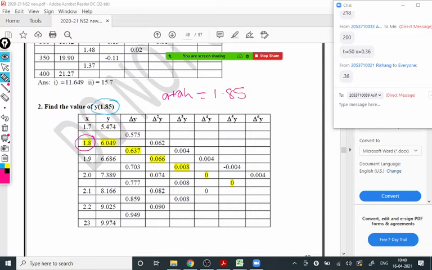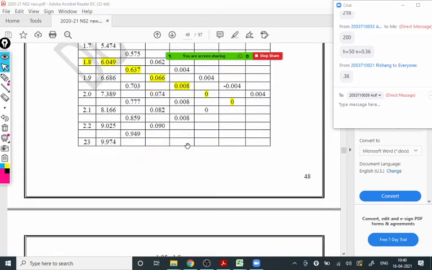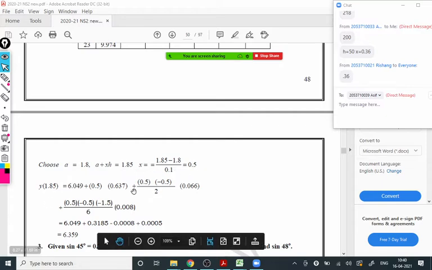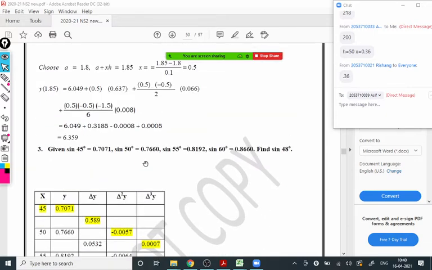What is h here? 0.1, that's correct. Okay, and remaining is just a calculation. It is a completely solved question here. You can go through it on your own later on. So everything is given. a is 1.8, a plus xh, h is 0.1, and just the forward interpolation formula. You have the answers there. You can go through that solved example because this PDF is with you.